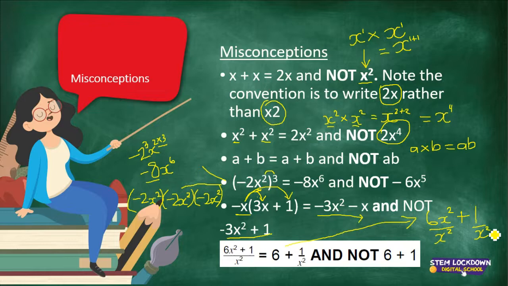Now, if you have like terms on the numerator and the denominator, they can cancel. So x squared cancels out the x squared, and you're left with 6 plus 1 over x squared, right?